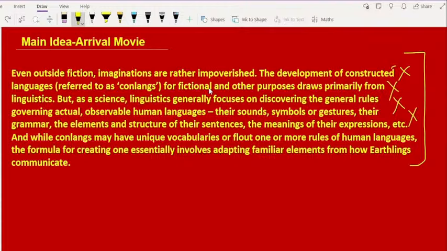But as a science, linguistics generally focuses on discovering the general rules governing actual, observable human languages, their sounds, symbols or gestures, their grammar, the elements and the structure of their sentences, the meaning of the expressions, etc. And while conlangs may have a unique vocabulary, or flout one or more rules of human languages, the formula for creating one essentially involves adapting familiar elements from how earthlings communicate.